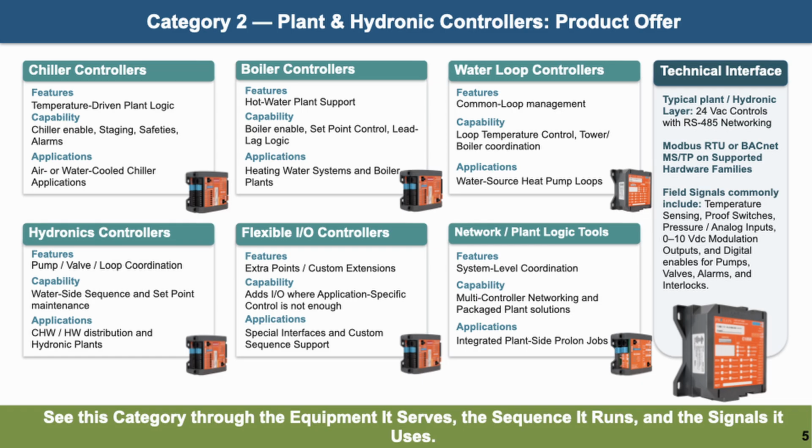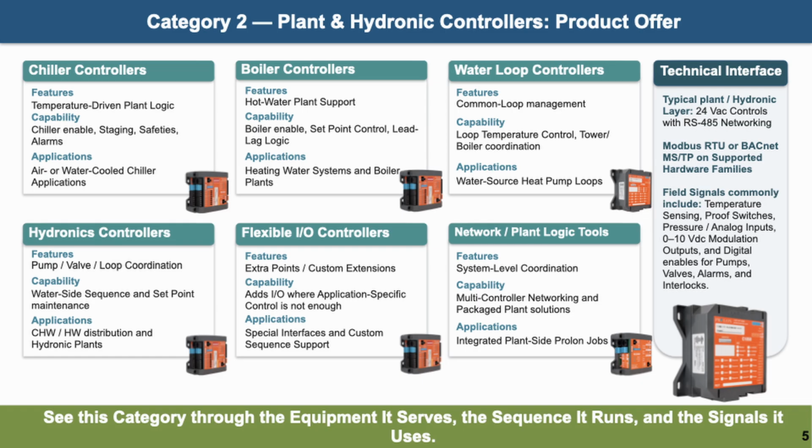Depending on the supported hardware family, communications may include Modbus RTU or BACnet MS/TP. Field signals typically include temperature sensing, proof switches, pressure or other analog inputs, 0 to 10 volts DC modulation outputs, and digital enables for pumps, valves, alarms, and interlocks.